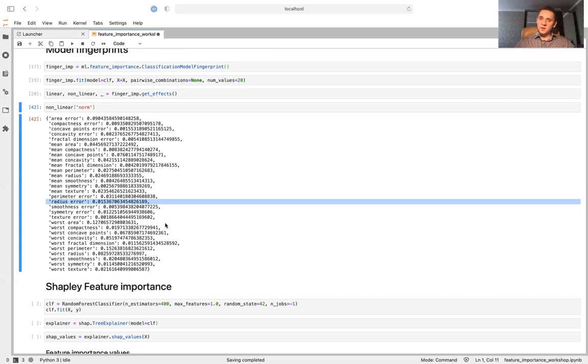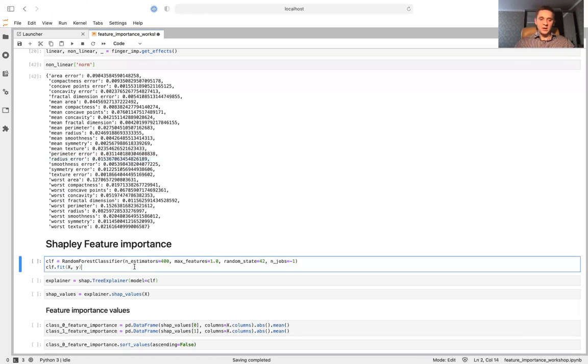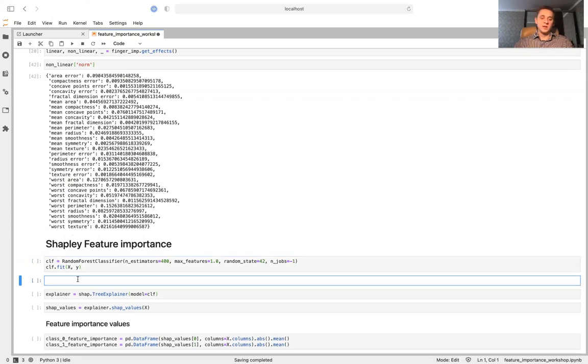So now let's move deeper into Shapley feature importance. Here, there is a small note. In Shapley feature importance, we use the tree Shapley explainer. There are various ways to explain Shapley feature importance, and if we use tree-based models, the fastest way is to use the tree explainer.